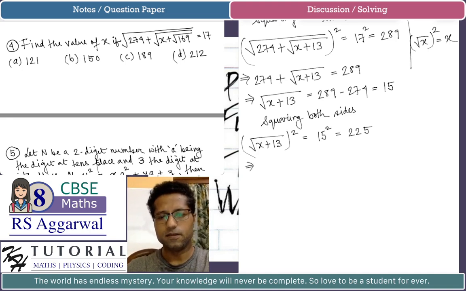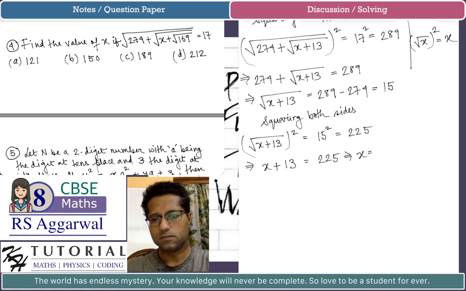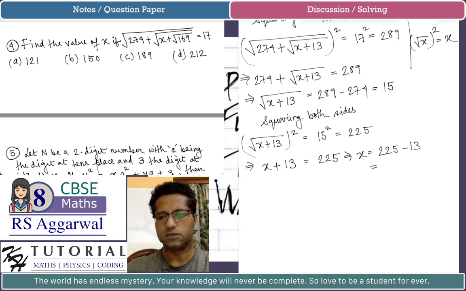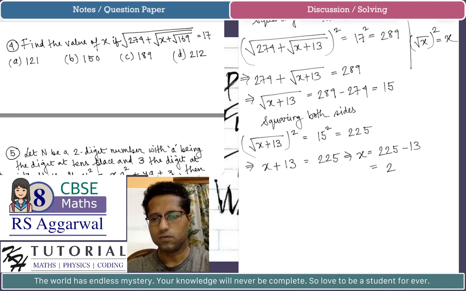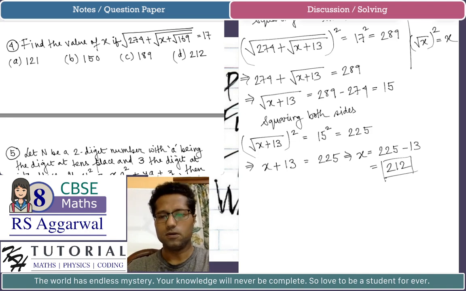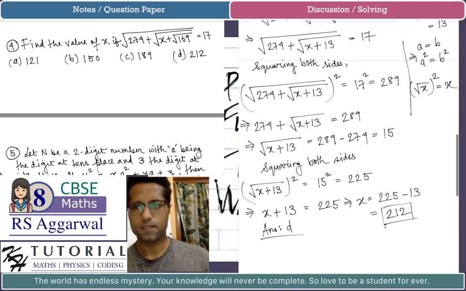This implies again the square root of x plus 13 is obviously x plus 13 is equal to 225. This implies x is equal to 225 minus 13. This is equal to 212. So the correct choice is D. The correct choice is D.